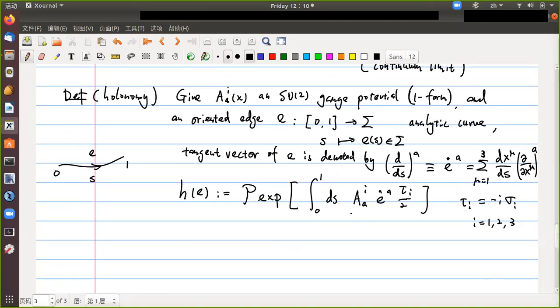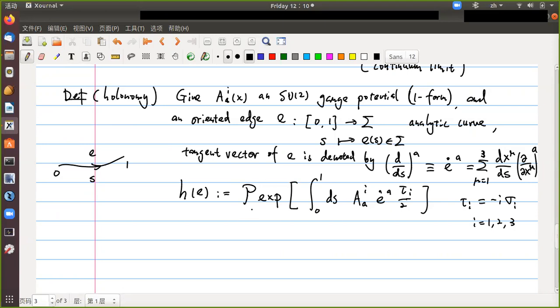So in the exponent, this is a matrix. You are integrating a matrix along the curve, and being matrices, they are not commutative. That's the reason why you have a path-ordered exponential.